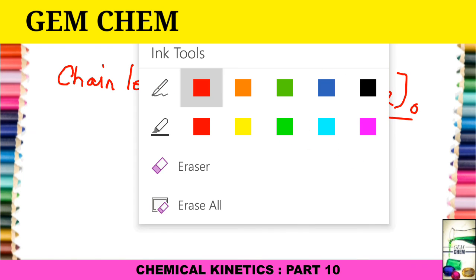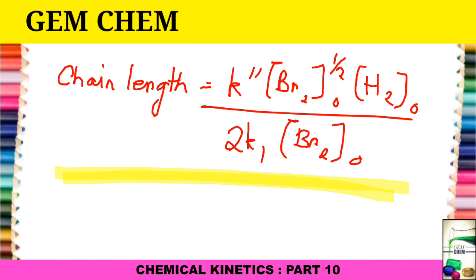So this is the chain length obtained for our HBr reaction formation, right? So this was today's topic of stationary reaction. Hope this was helpful. In the next video we are going to deal with non-stationary reaction, and it is very important.